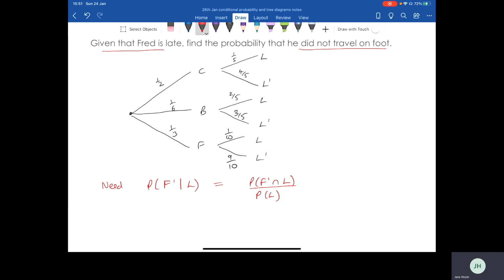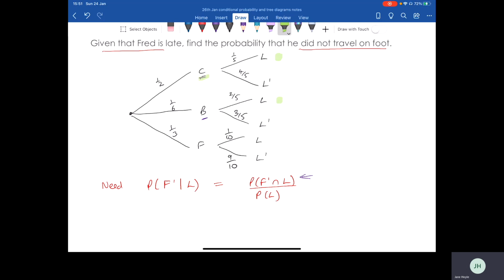Now we can look and see what those two different options refer to. The one on the top: he didn't travel by foot, which means he's either got to be by car or bike. But then he's also late, so it's going to be that branch and that branch.